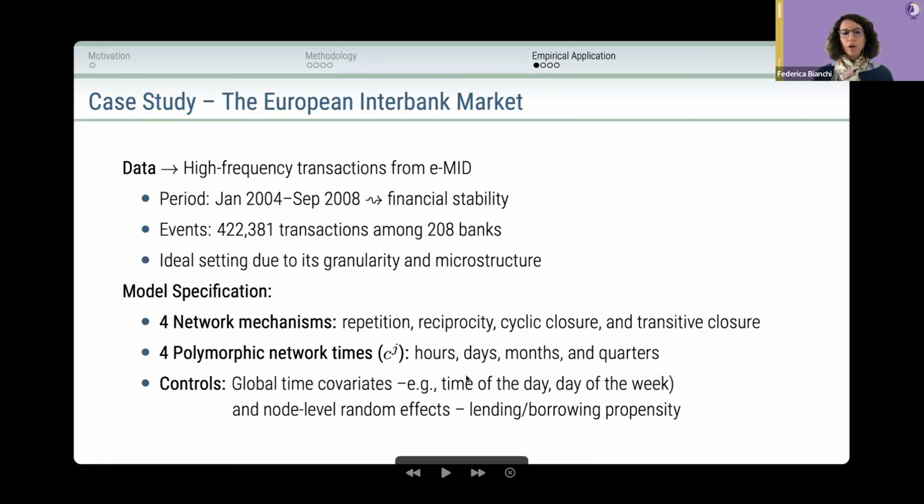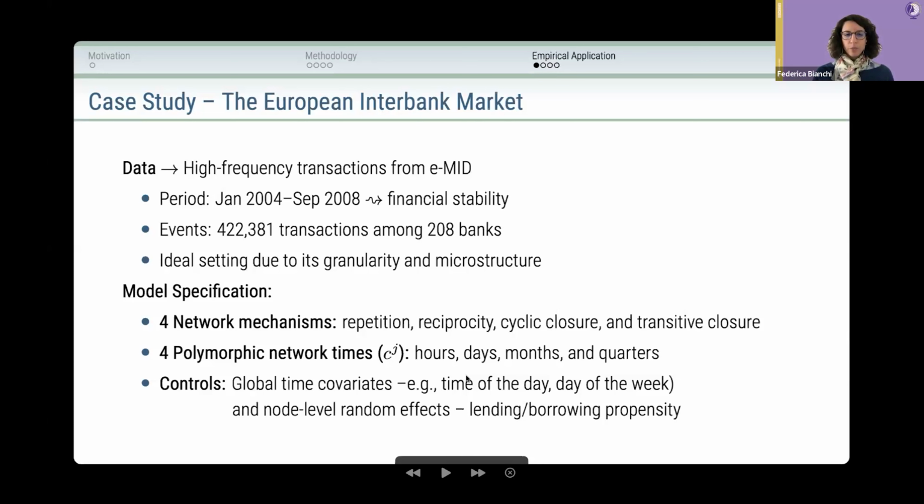280 banks. Because of the high granularity of this setting, the financial markets, and in particular this market, are almost an ideal setting to study the temporal evolution of these mechanisms, and especially their internal clocks.